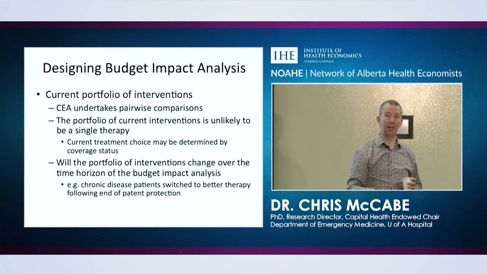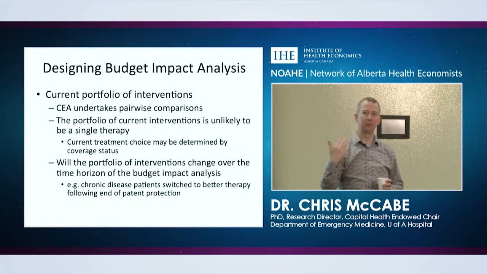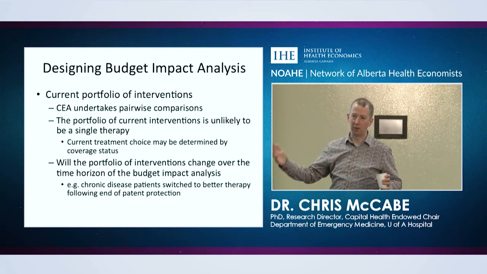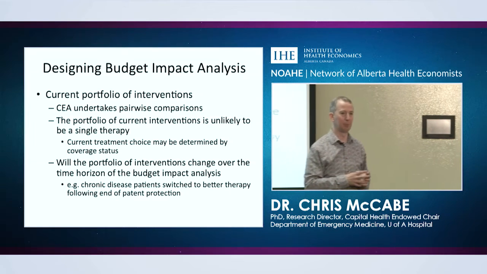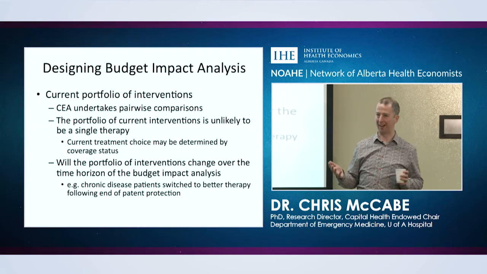Because once you've let one all-oral high-cost Hep C drug into the market, it's quite hard to say no to the next, even if it's only $2,000 or $3,000 more expensive, but you multiply that $2,000 or $3,000 by all of your Hep C infected population, and that's again a system-breaking budget impact.